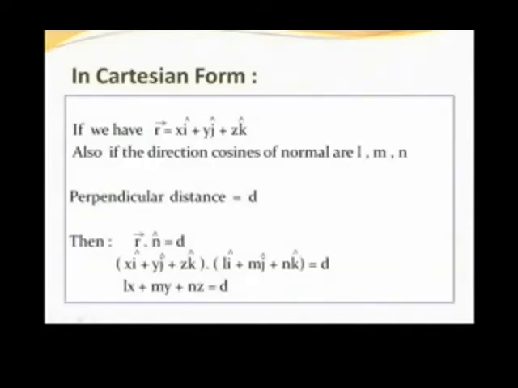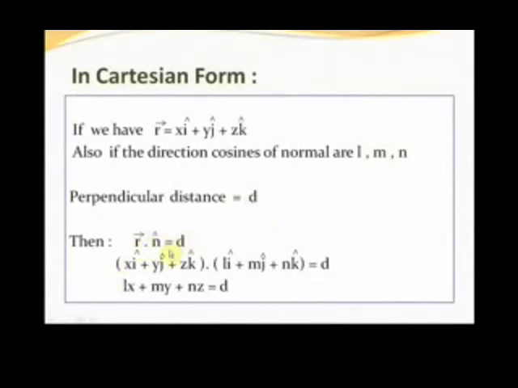Let's try to find out the same equation in the Cartesian form. Now we write vector R equal to x times i cap plus y times j cap plus z times k cap. Also if we say that the direction cosines of the normal are l, m and n, and the perpendicular distance is given by d, then vector R dot n cap is equal to d.